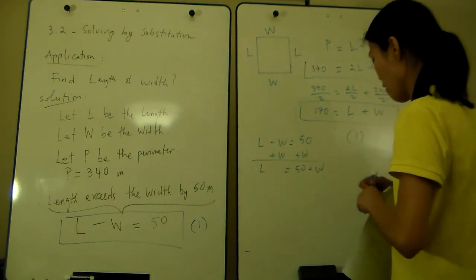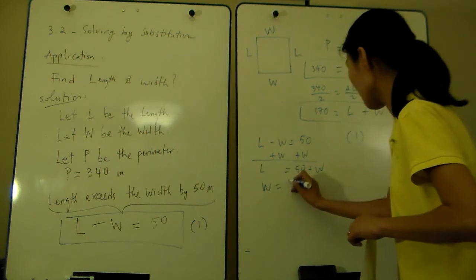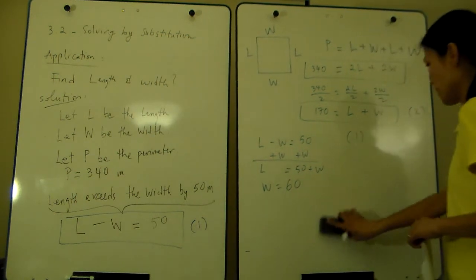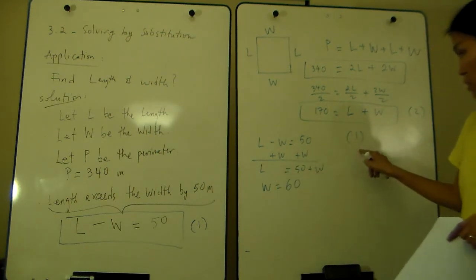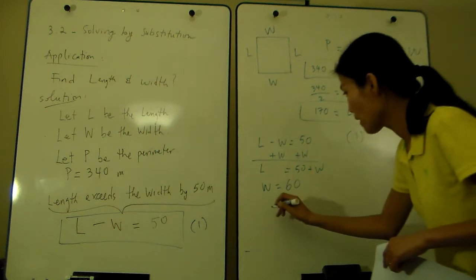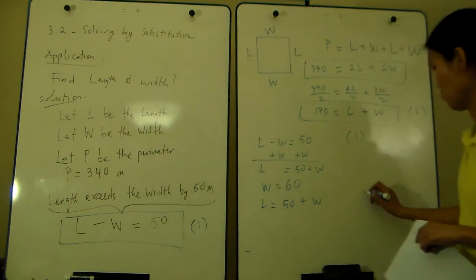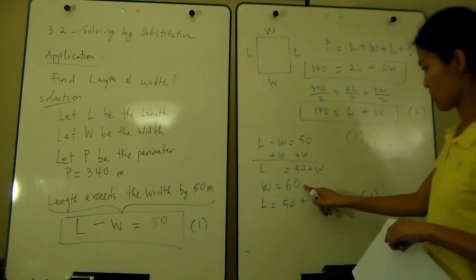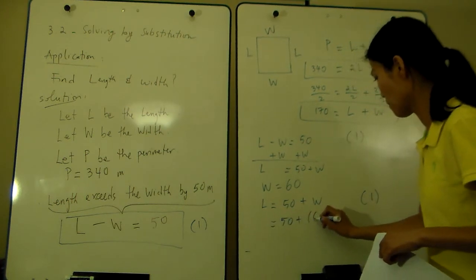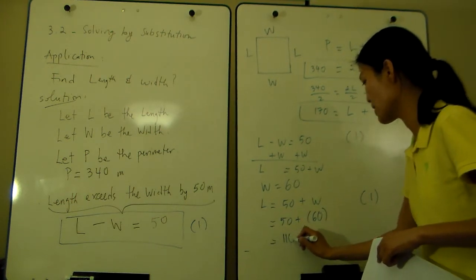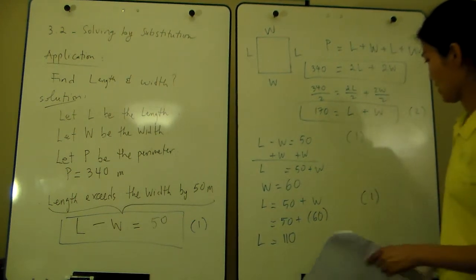So we know so far that W, the width, is equal to 60. Our next thing to do is to solve for L. Let's use the equivalent form of equation 1, L equal to 50 plus W. Substitute 60 into this W. Simplify, we get 110, which is L. So L is 110.